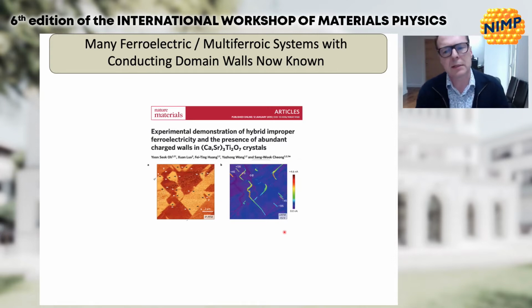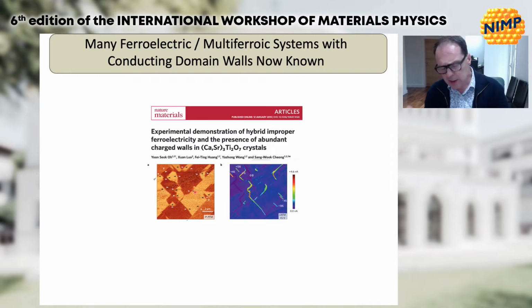And in some senses, improper ferroelectrics are even more robust because quite often the conduction that's seen at these domain walls, that you can see picked up here in conducting atomic force microscopy, is related to some kind of discontinuity in the polarization across the domain wall. And that often is easier to maintain in an improper ferroelectric than in a proper ferroelectric.